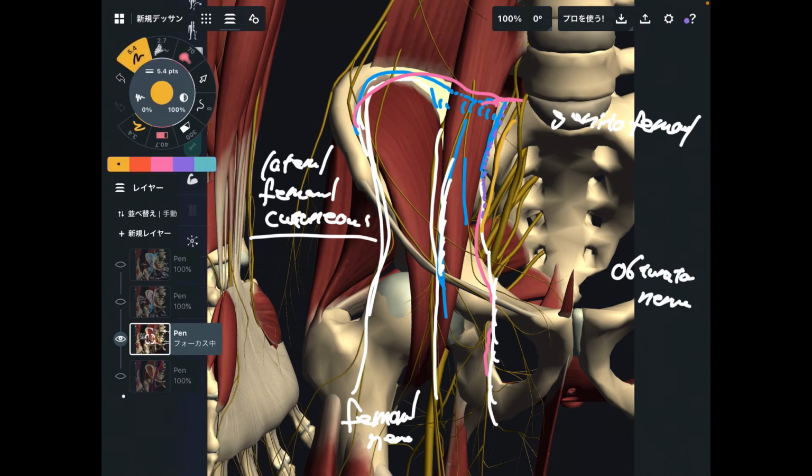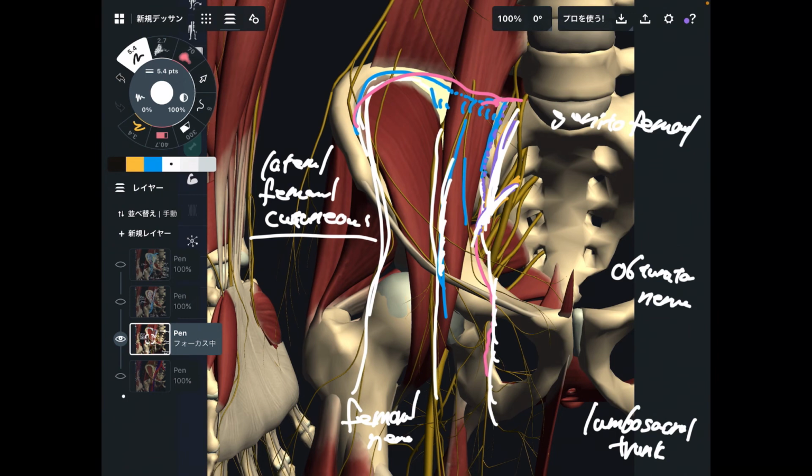There is nervous tissue between the lumbar spine and sacrum, a junction of nerves from the lumbar spine and nerves from the sacrum.